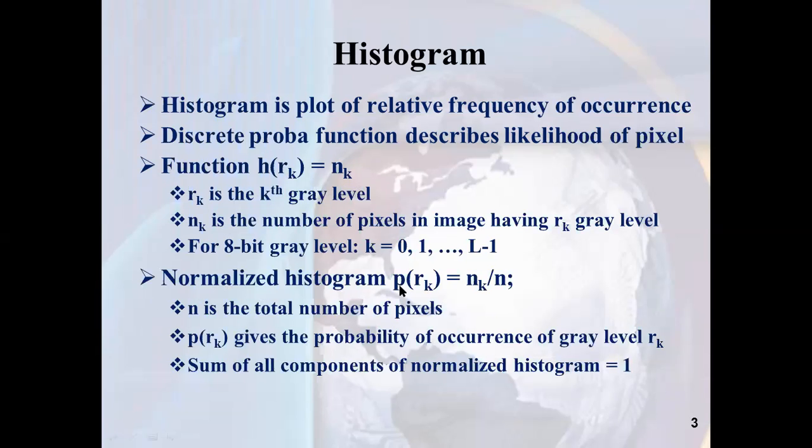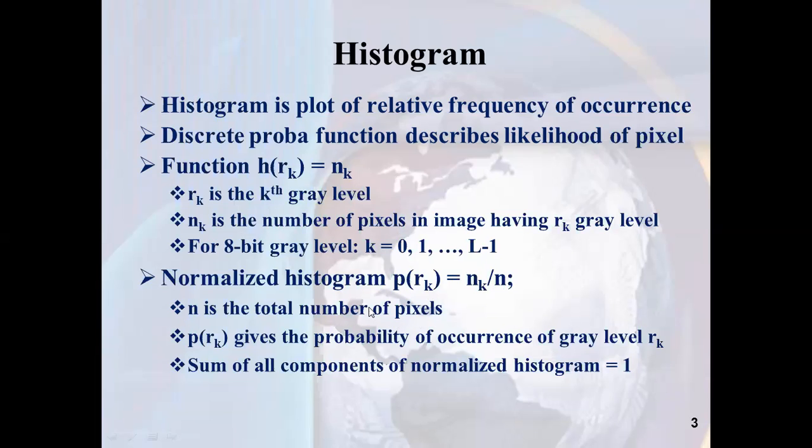Sometimes we use a normalized histogram. Rather than using the number of pixels, we can take the percentage of this pixel, which is simply the number of pixels over n, the total number of pixels. So nk is the number of pixels that have the value rk, divided by n, which is the total number of pixels.